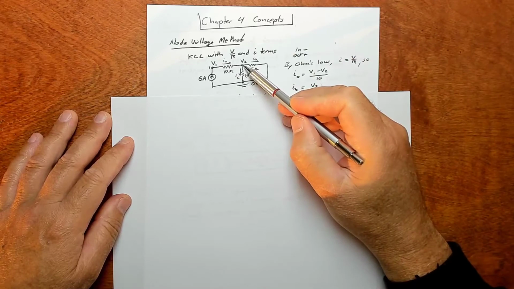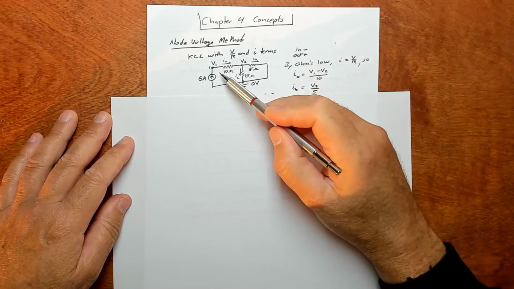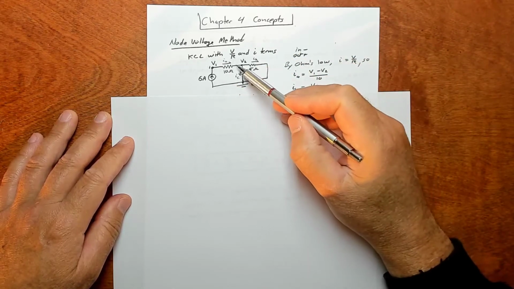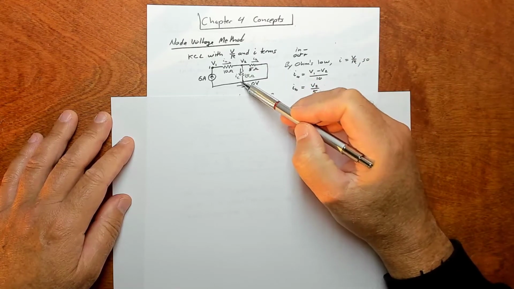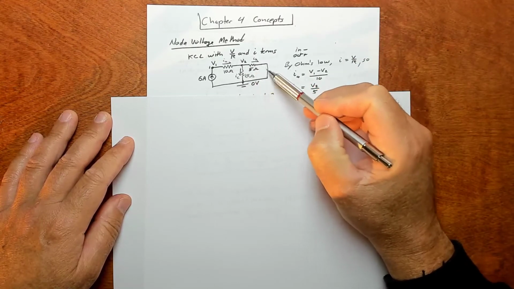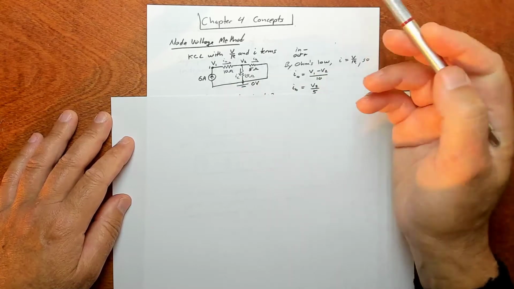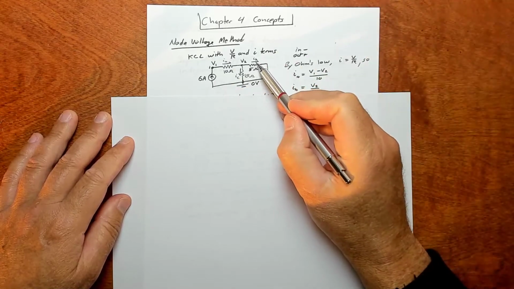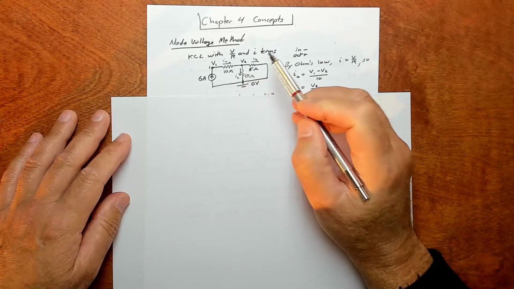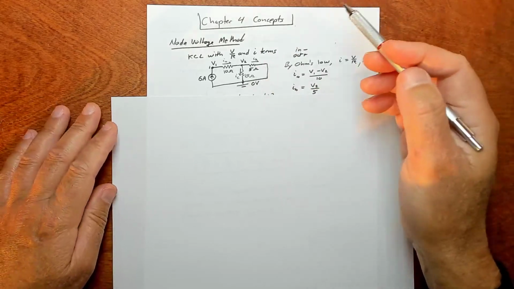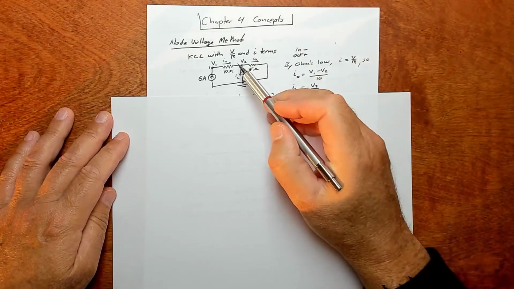But here I'm guessing, and really there's only one correct guess for this simple circuit. The current's going to come here and it's going to split. And then those currents are going to join back up at this node and go back to the source. So we kind of know the current directions on here. We don't have to guess too much, but sometimes we have to guess, and we'll talk more about that.